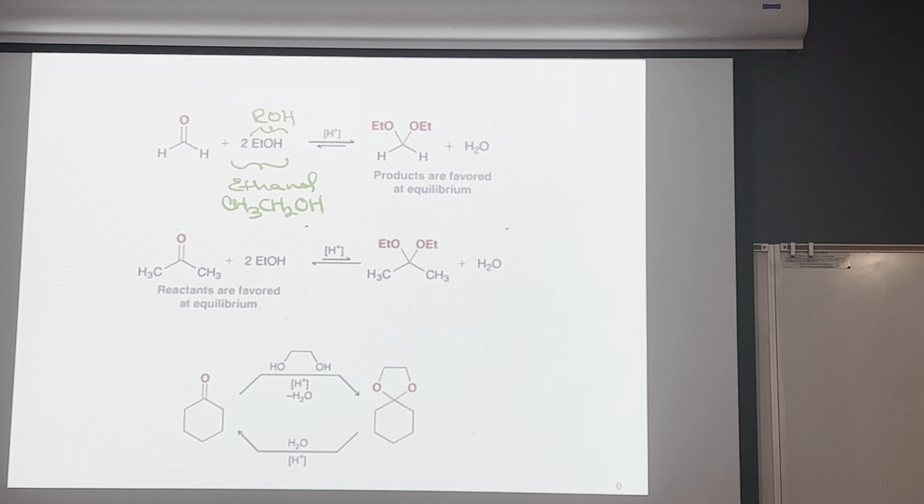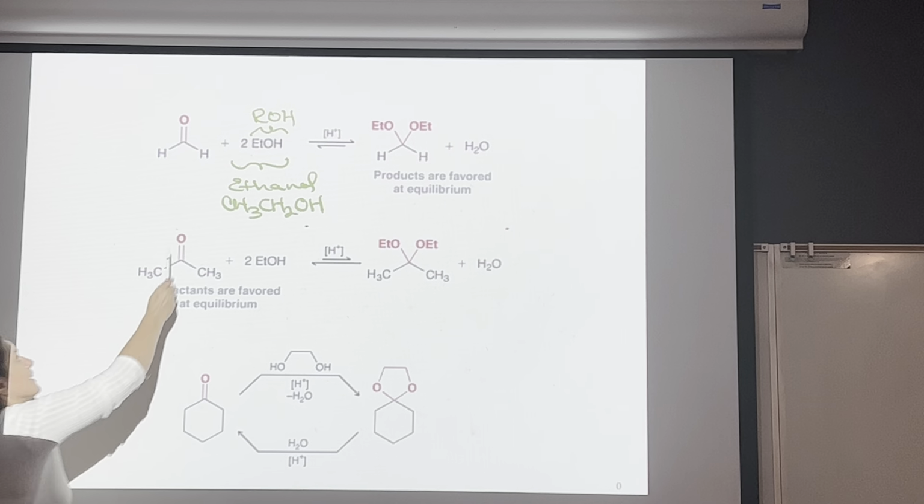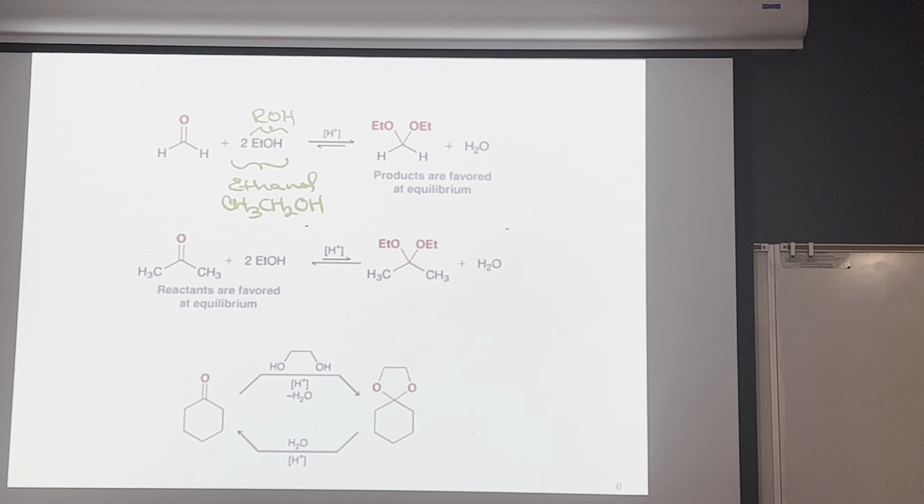Okay, so ROH is the general formula for the alcohol. And ethanol right here, that's a specific alcohol. Okay, so the OR is going to add at the carbonyl carbon right there. So the carbonyl carbon, if you guys remember, is a carbon double bond oxygen. And it doesn't have the intermediate step where we stop at the hemiacetal. It just goes ahead and gives you the acetal product over there.